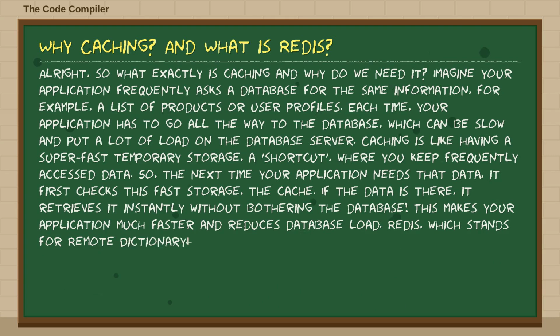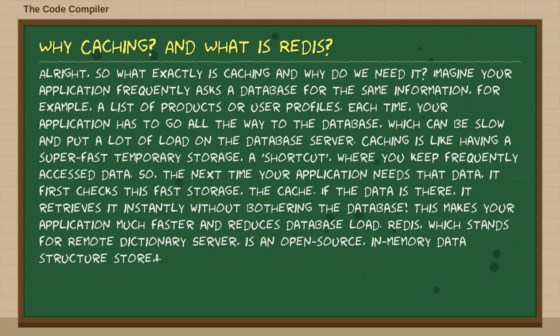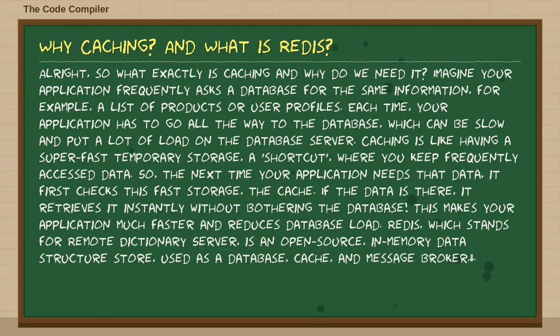Redis, which stands for Remote Dictionary Server, is an open-source, in-memory data structure store used as a database, cache, and message broker. It is incredibly fast because it stores data primarily in random access memory. It is a key-value store, meaning you store and retrieve data using simple keys.